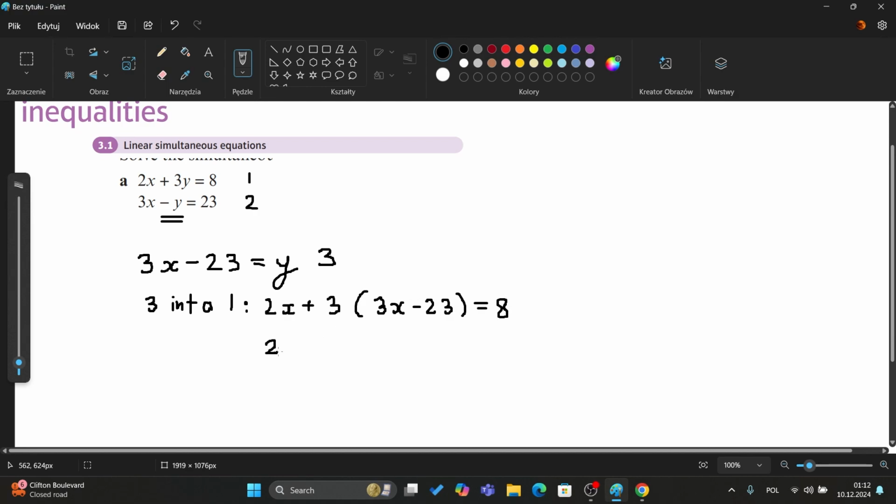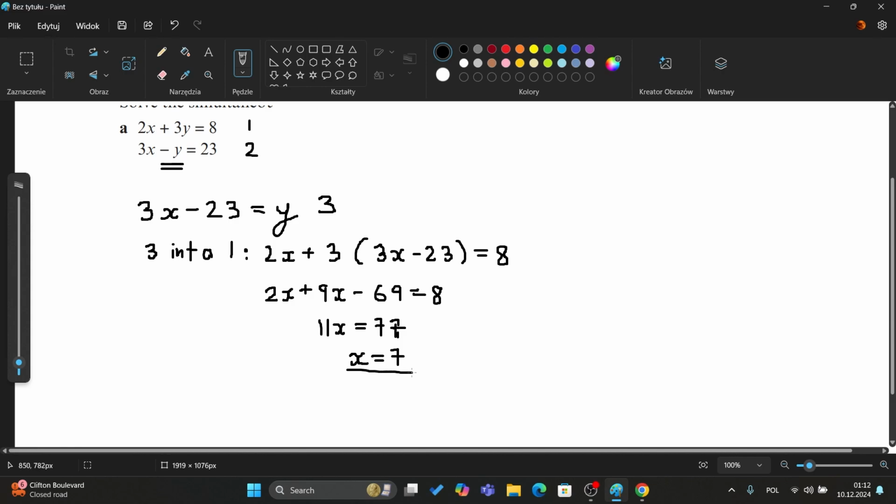Now we can work out x. So 2x plus 9x minus 69 is equal to 8. Now 11x equals 69 plus 8, which is 77, and we have x equaling 7. So that is our first unknown.